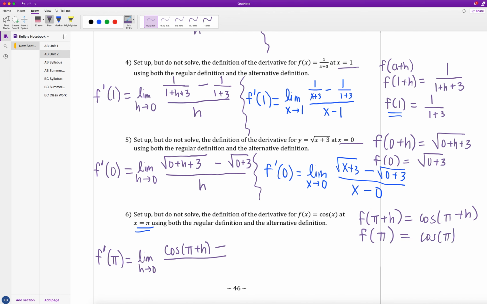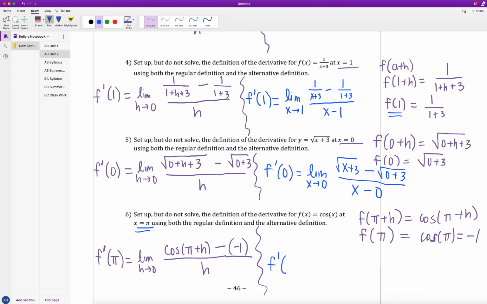And now this I do want to simplify because we want to get used to simplifying our trig functions, and it's a good review. So cosine of pi is equal to -1, so I'll get minus that -1, or you could write +1, all over h. So there's our regular definition.